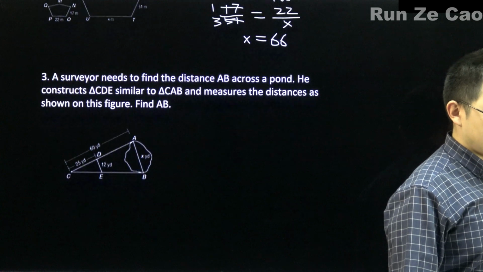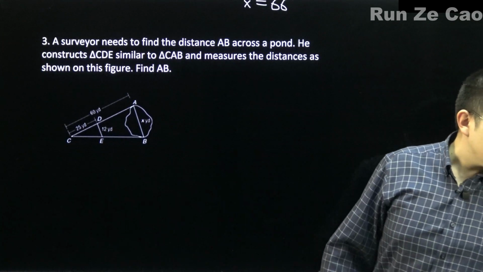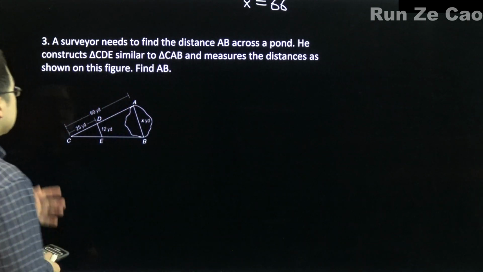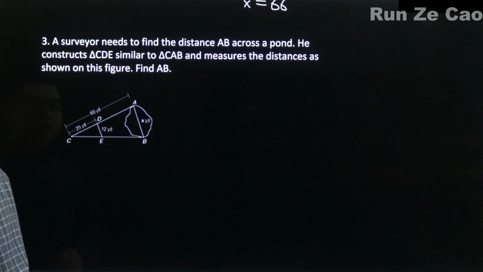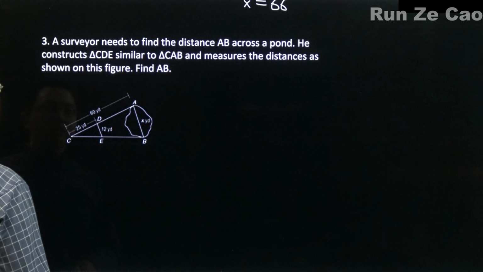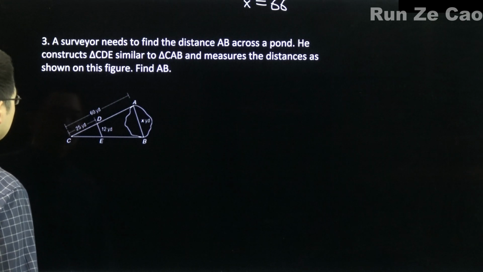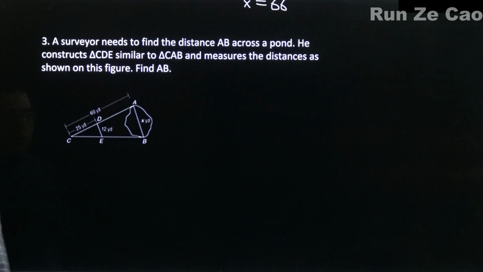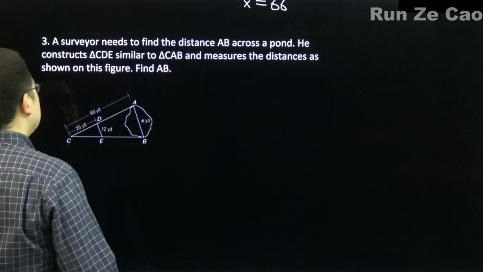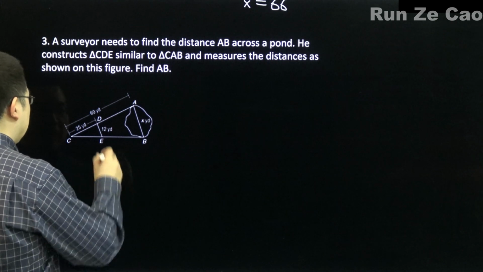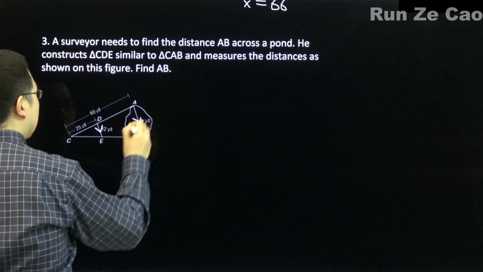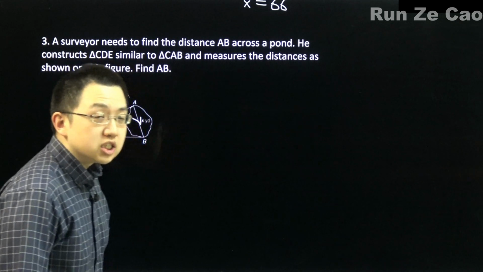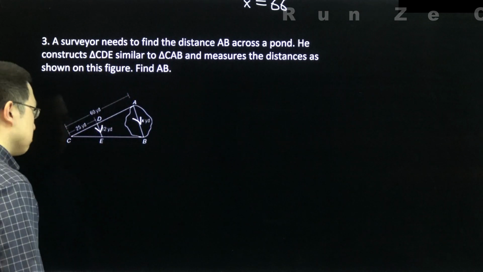Let's say you have a surveyor. They need to find the distance AB across a pond. They construct triangle CDE, which is similar to triangle CAB, and measure the distances as shown on this figure. Find AB. Well, they should really specify that these two lines are parallel. Otherwise, these sides would not correspond to each other, which would be a problem.